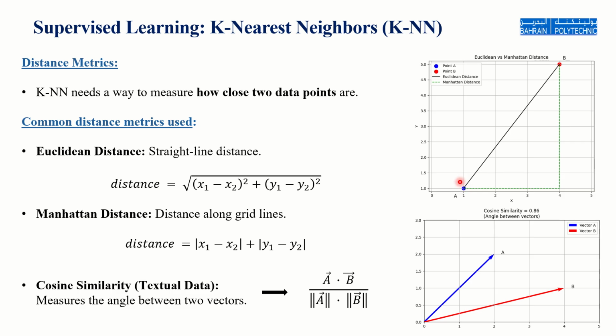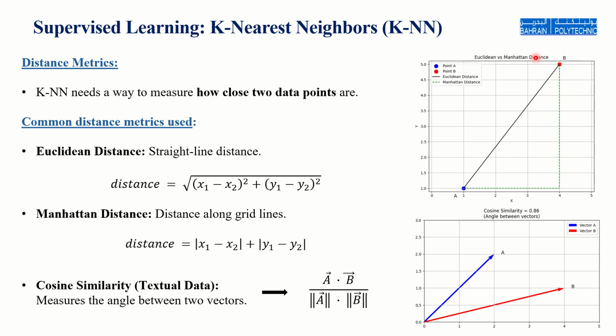Say if you have one data point here and another data point here, point A and point B, what would be the distance between these two points? There are different ways to find the distance between data points. The most commonly used one is the Euclidean distance. It's a straight line distance. Say you have the points 1, 2 and 3, 4.